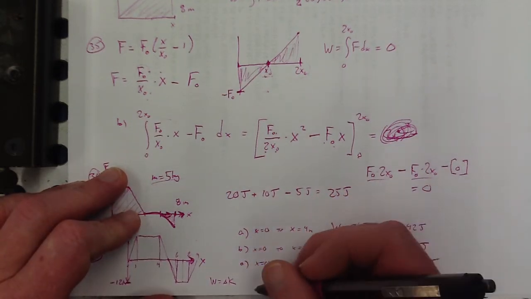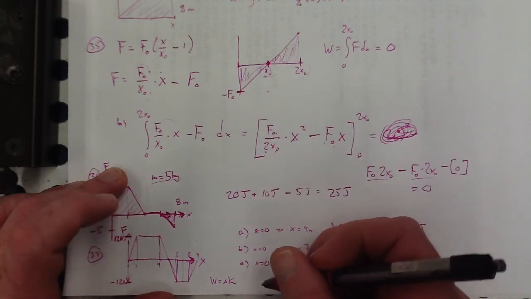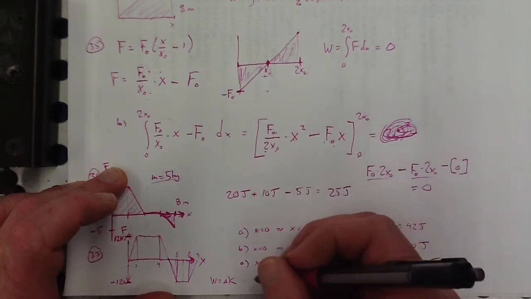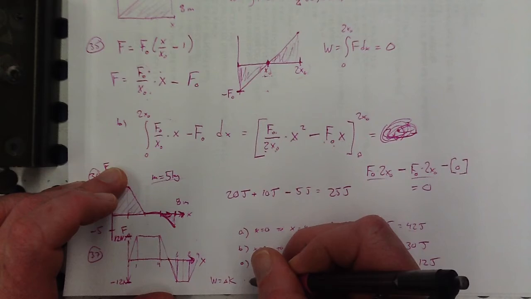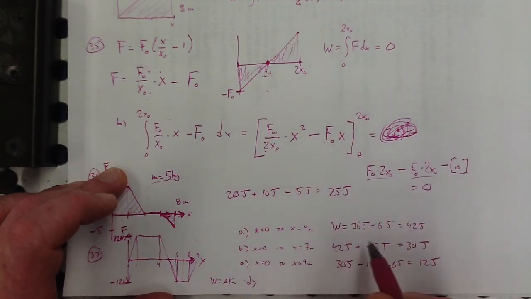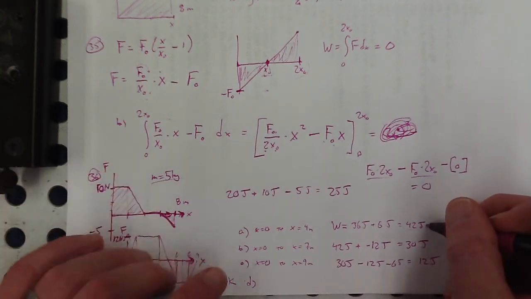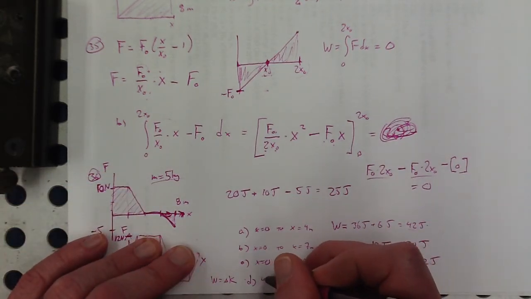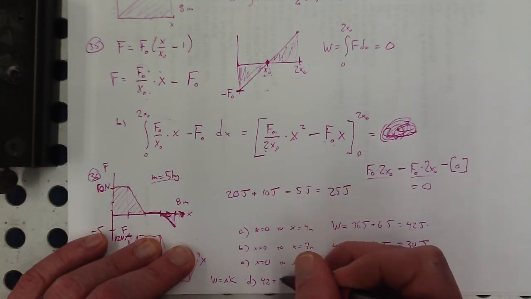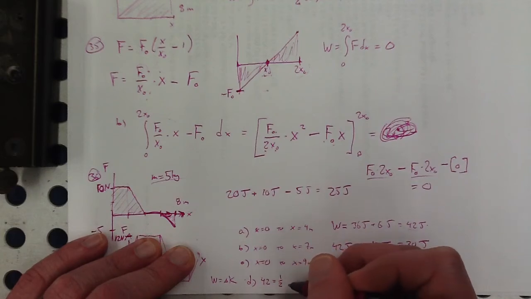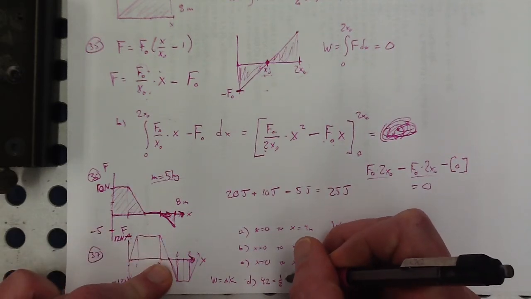So let's see what we can do here. We have in part D, is it the same for 6, 7, and 9? It is. So how much work got done here? 42 joules got done. That's going to be equal to 1/2 the mass. What was it, 5?